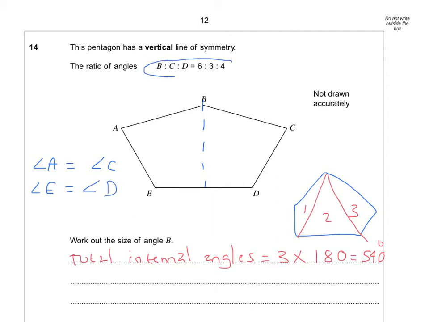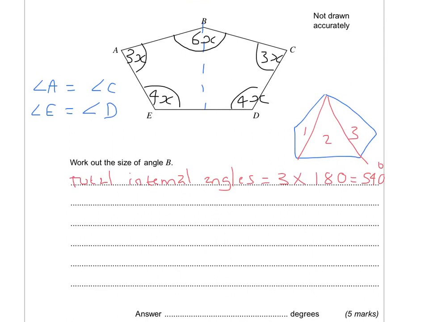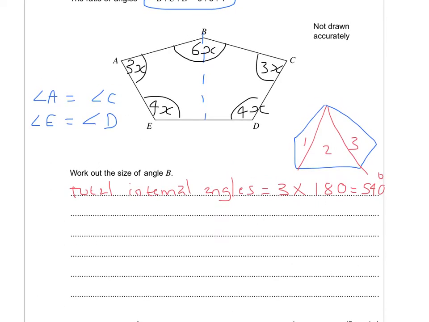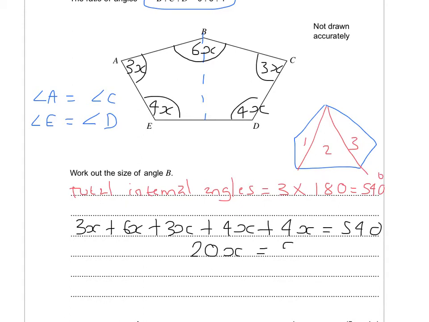So, using this ratio, if angle B is 6x, angle C is 3x, angle A is 3x, angle E is 4x, and angle D is also 4x. So if we find the total of these angles, they must equal 540 added together. So 3x plus 6x plus 3x plus 4x plus 4x must equal 540, i.e. 20x must equal 540.